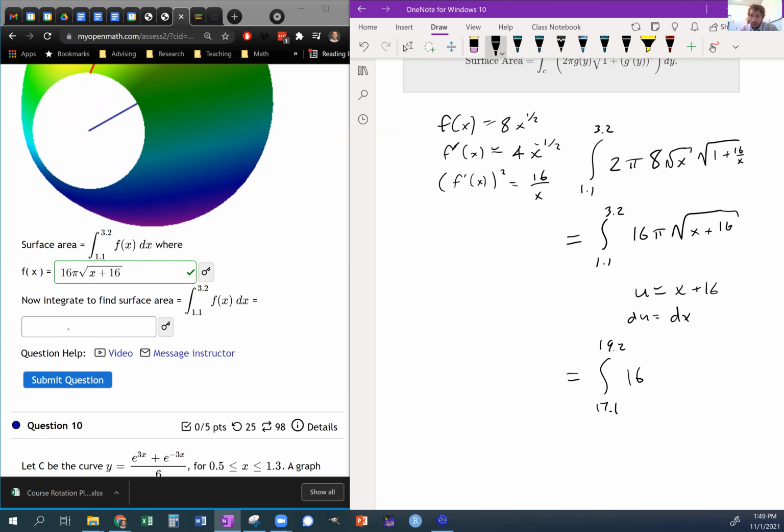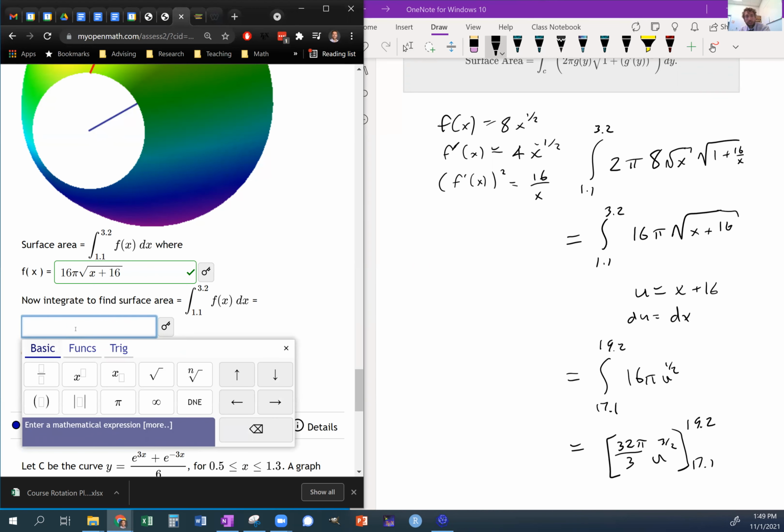So 16 pi times u to the 1/2 becomes u to the 3/2, and 16 times 2/3 is 32 pi over 3, from 17.1 to 19.2.